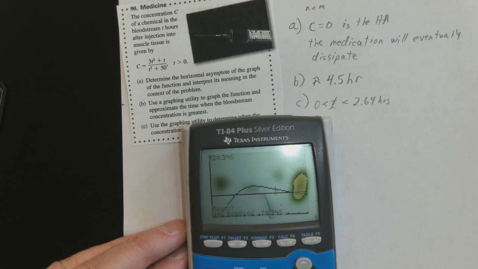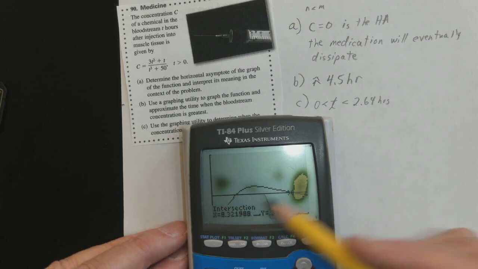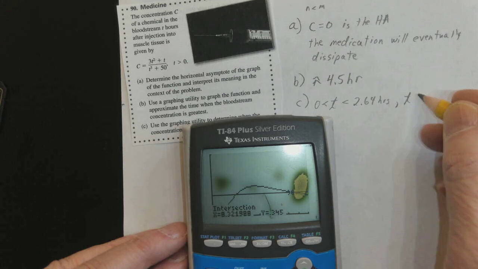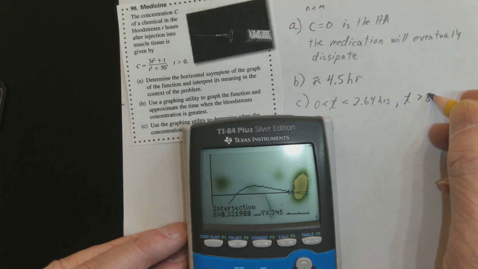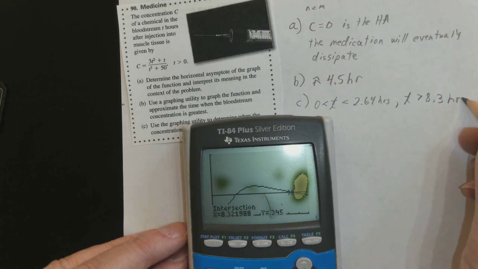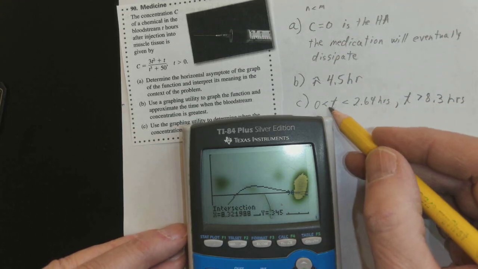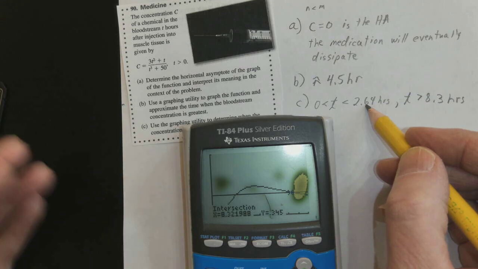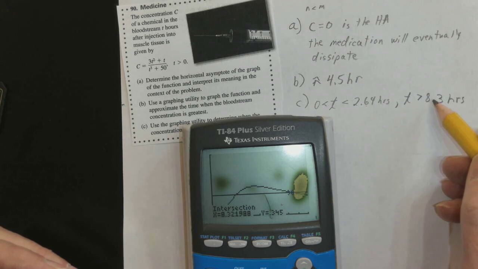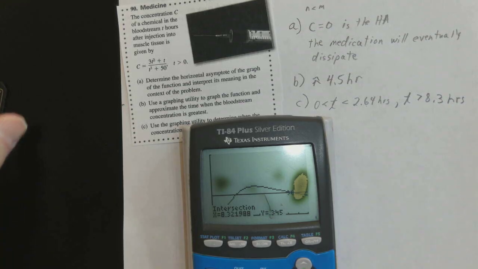Second curve, enter. I'm getting t is greater than 8.3 hours. All right, so before 2.64 hours, the concentration is below 0.345, and after 8.3 hours, it's less than 0.345. All right, there we go. Thank you, guys. Bye.